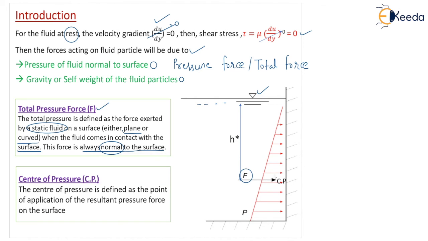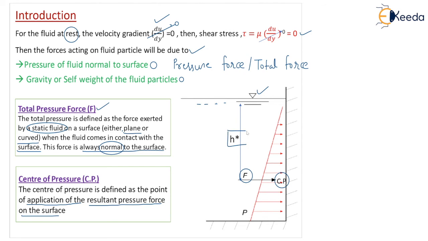We have an important point known as center of pressure, CP. What is that? The center of pressure is defined as the point of application of the resultant pressure force on the surface. The force will be acting at some point, and that point is known as center of pressure, CP. Where the CP is acting, that distance from the free surface is given by h star.